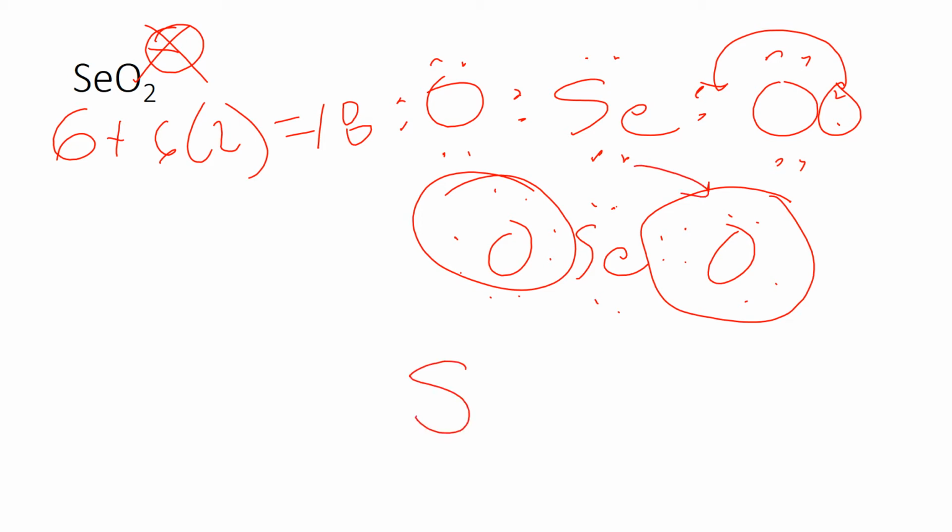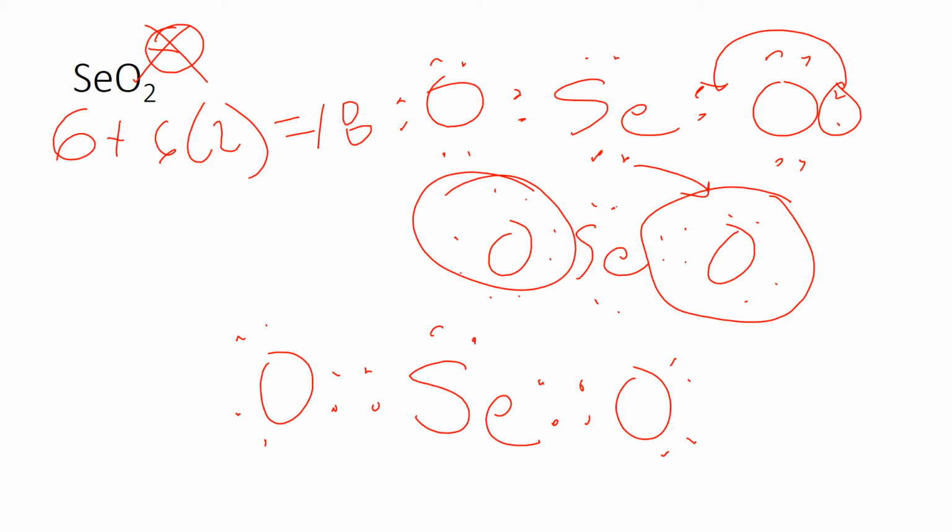What if we did this? What if we did double bond, double bond? So we've used 8, right? Oxygen, oxygen, 2, 4, 6, 8, like I said, 10, 12, 14, 16. Everybody's happy, but remember, selenium could have 1 extra, like we said.